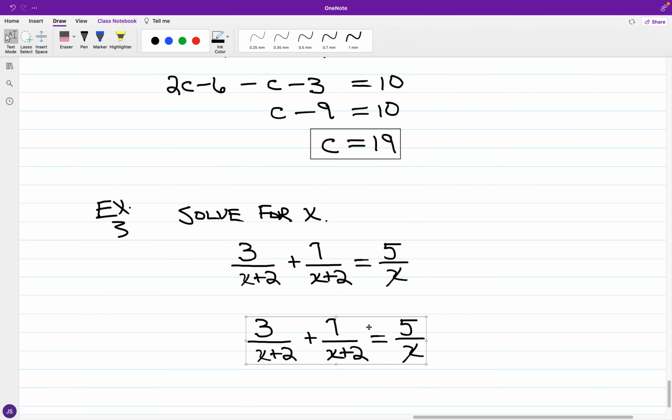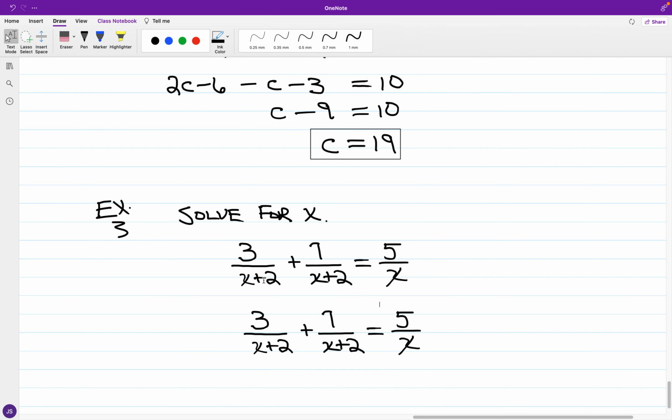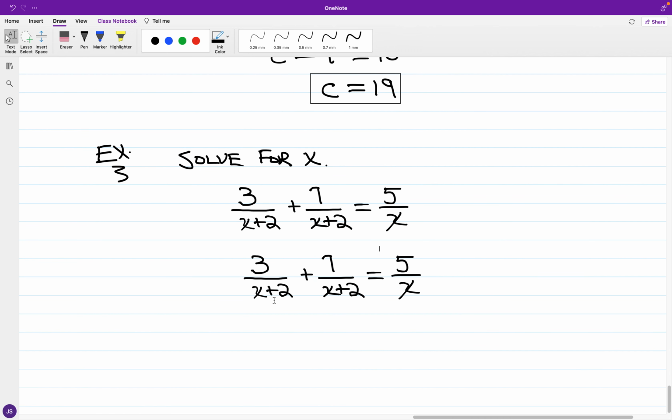If you notice, we have like denominators in the first and second terms, so I can go ahead and cluster together 3 over x plus 2 plus 7 over x plus 2.